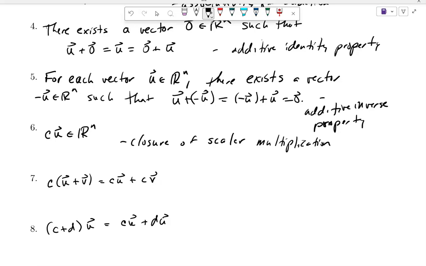This says that scalar multiplication distributes over vector sums, because this is adding 2 vectors together. This one says that scalar multiplication distributes over what kind of sum here? Is this a vector sum? That's a scalar. It's a real number sum, right? Okay. So there's different things going on.